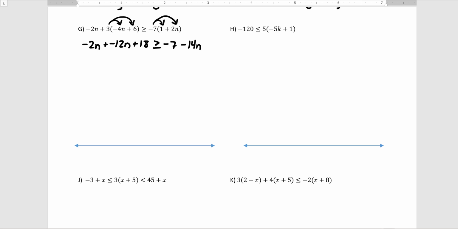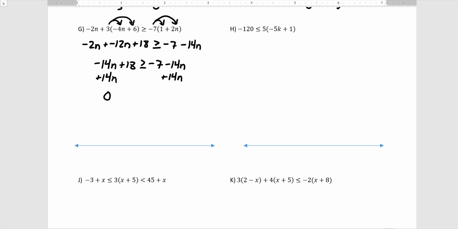Alright, so let's combine our like terms here. -2n plus -12n is -14n plus 18. And then we have greater than or equal to -7 minus 14n. Now when I add 14n to both sides, wait a minute, -14n plus 14n is 0.